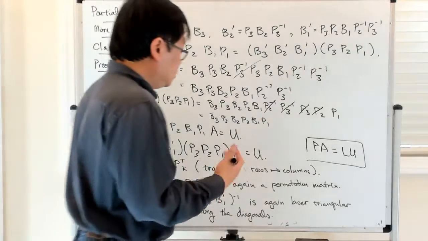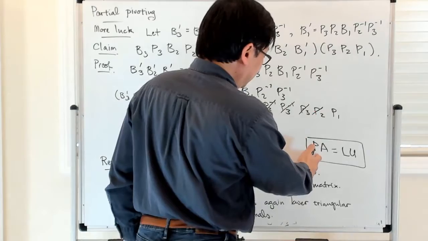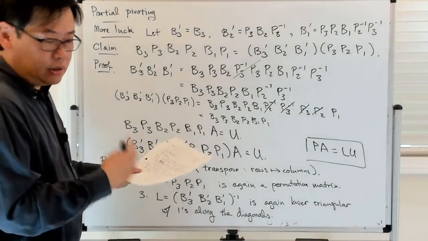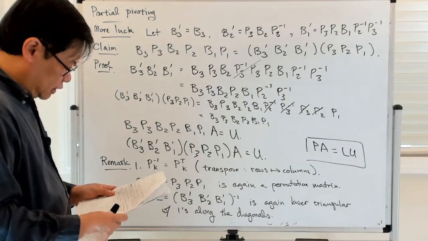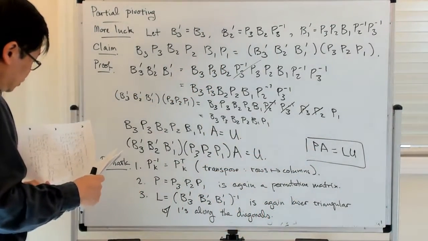Okay, so if you magically knew ahead of time what the right permutation is, then in some sense you didn't need to do partial pivoting. Of course, in reality that's not always so easy to do, but anyway, that's just an observation.